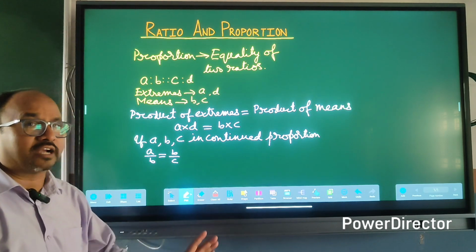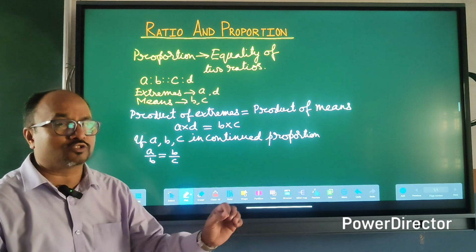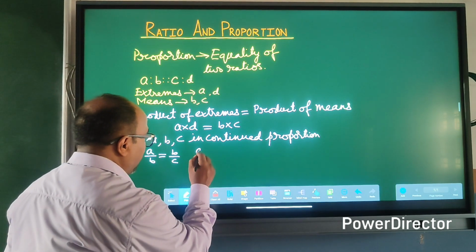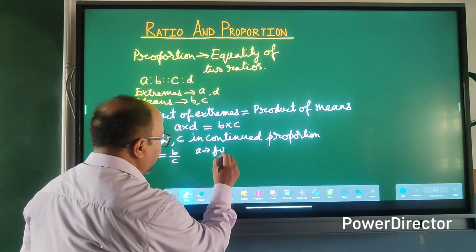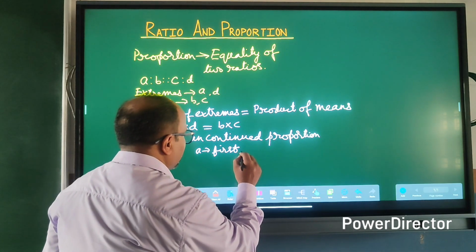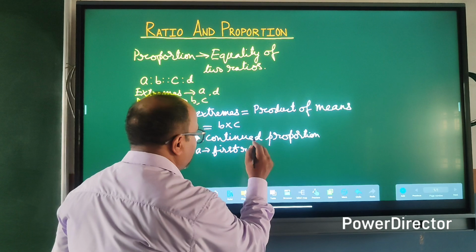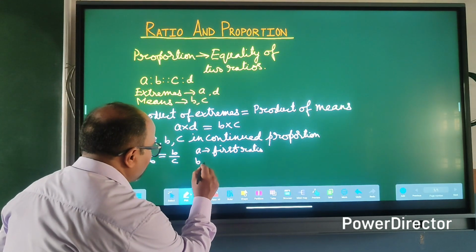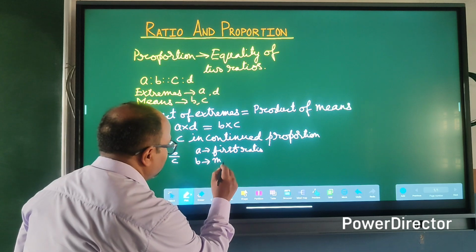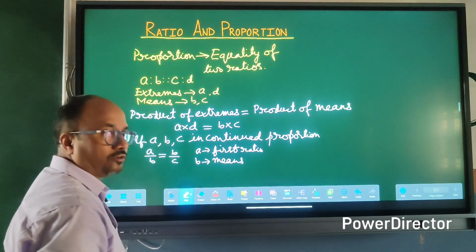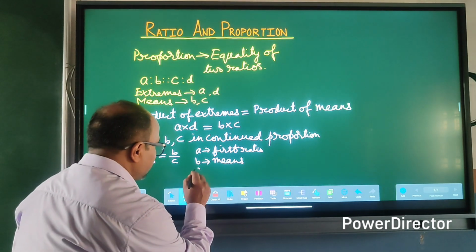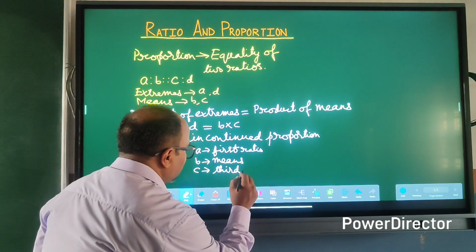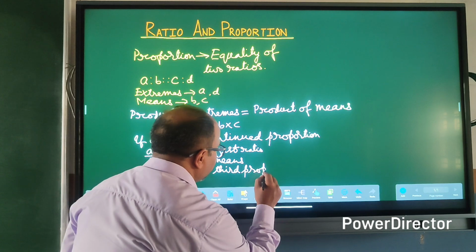So with this continued proportion, there are certain things to be known, like here the A part is called the first term of the ratio. Then B is called the mean, and then the C one is called the third proportion.